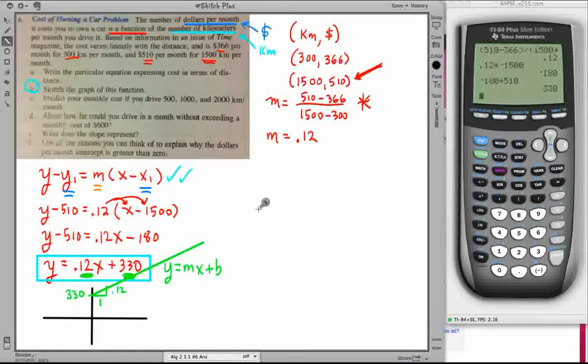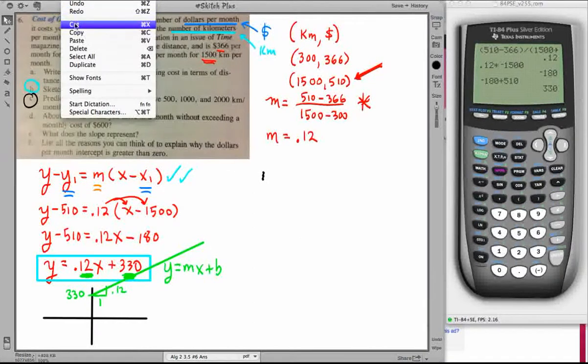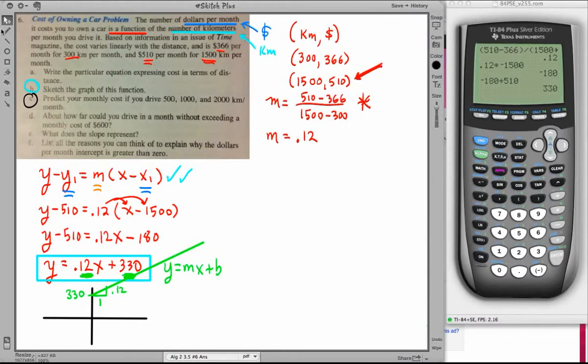Okay, let's finish up the further problems. Part C, in black on the right hand side of the screen. And so what it asks is predict your monthly cost if you drive 500, then 1,000, then 2,000 kilometers in a month. So use the equation we've just found, y equals 0.12.